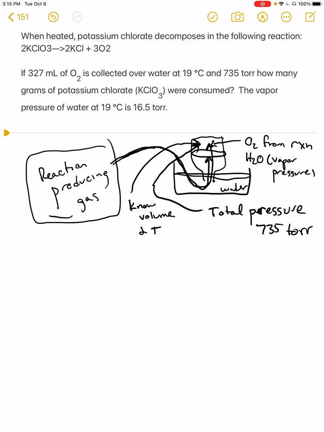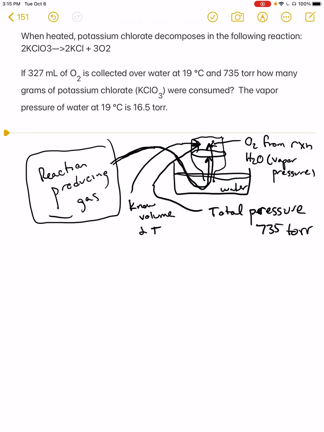Okay, so when this reaction takes place, the total pressure that's going to be maintained up there is going to be equal to that of two gases. The two gases are the oxygen produced by the reaction and the water that is up there, due to the fact that water has a certain vapor pressure at that temperature.